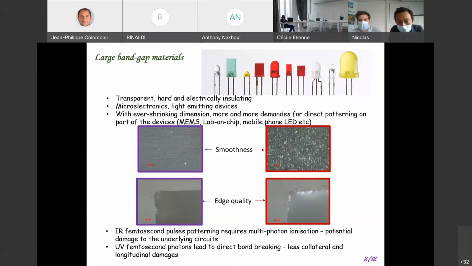With UV ultrafast laser pulses, the photons are used to do direct bond breaking, and the materials are opaque to them. It hits the surface, and the UV photons stop there. For this reason, we have less collateral and longitudinal damage with UV ultrafast laser pulses.